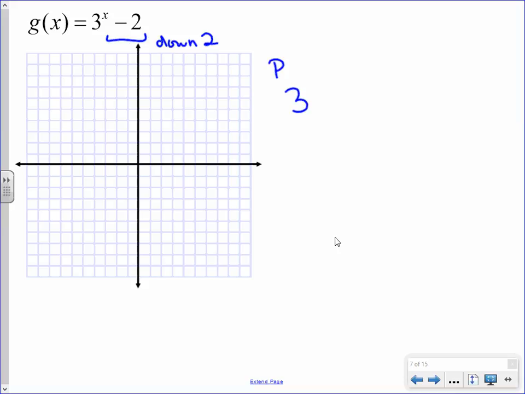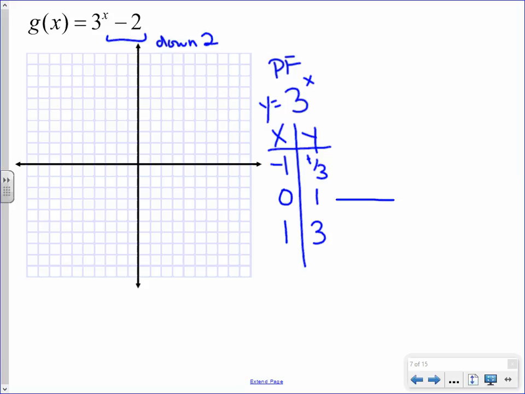So if we think about our parent function, y equals 3 to the x, I want you to think of the points -1, 0, 1. There we go. Okay. And we're going to take those points and we're going to shift them down 2.